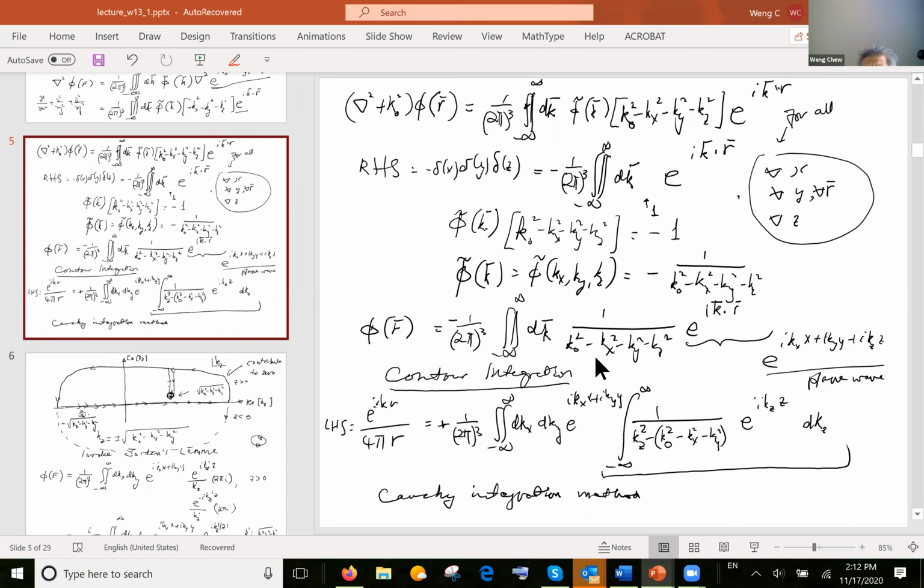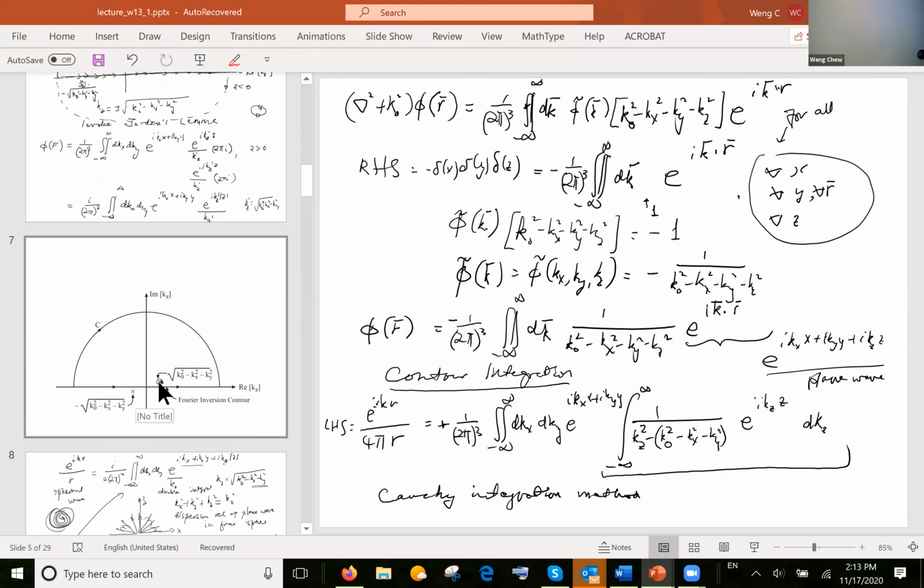If this pole is right on the real axis, when I perform this inversion contour, for instance, it does not exist. So in order for this integral to exist, you have to introduce infinitesimal loss. If you make k0 squared slightly lossy, then this pole will be moved off the real axis and will look something like this. Then this Fourier inversion transform would exist because it collides with no poles, and this integral is well defined.